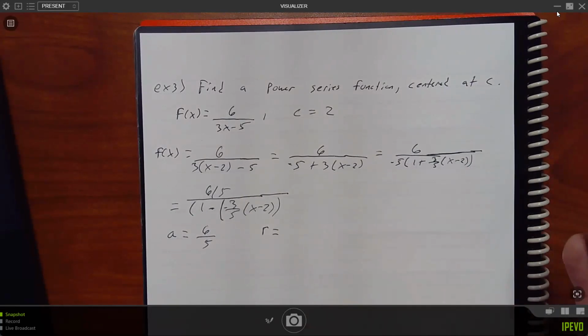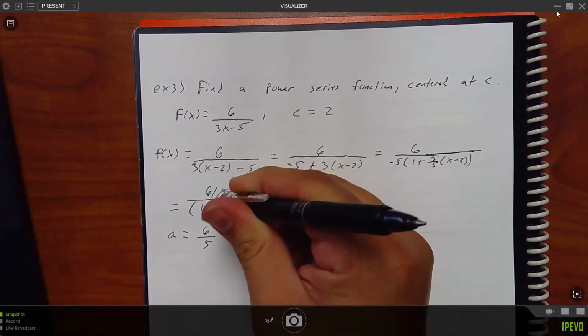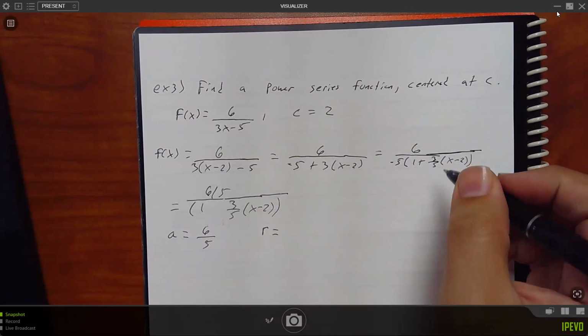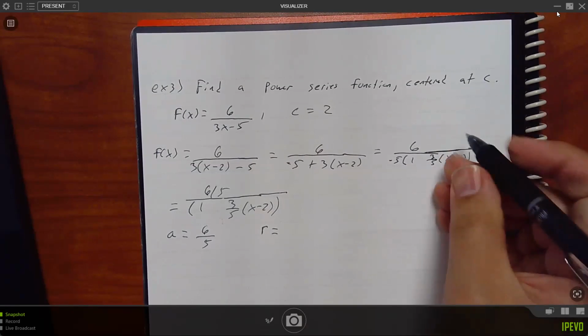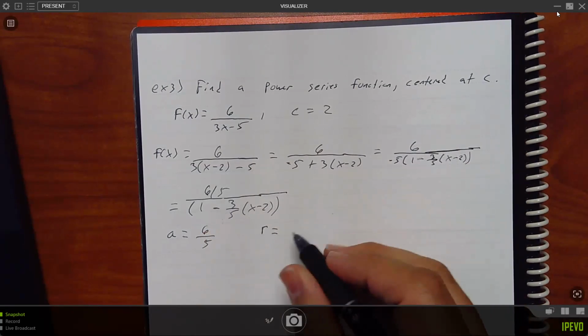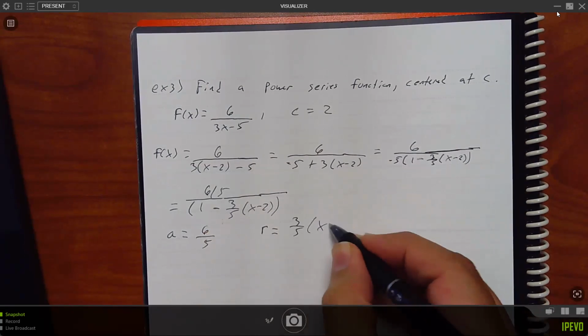Yeah, so if factor negative. Oh yeah, that's what makes it a little easier. So this will become minus. So we got a minus already. So r will be negative 3/5 times x minus 2.